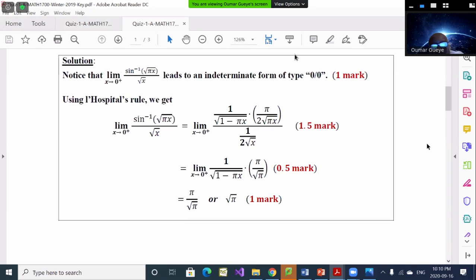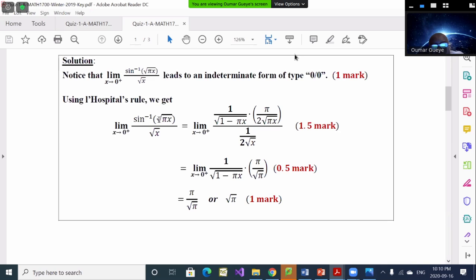All good? Sir, in the first part, we are using the sine function, right? Sine inverse. Yeah, sine inverse. And if you look at it, sine inverse is formula number 1 in the PowerPoint slide.